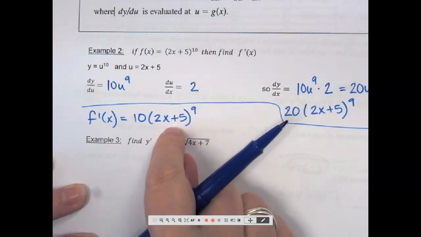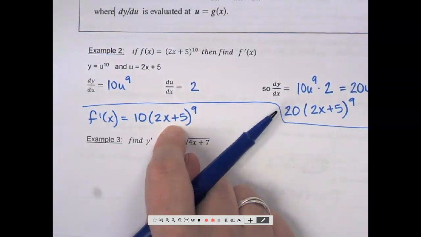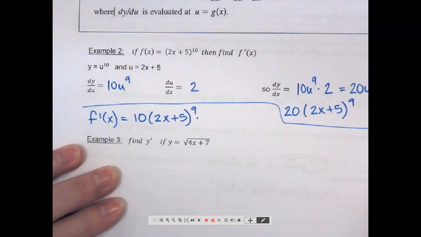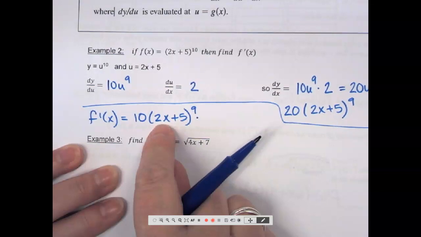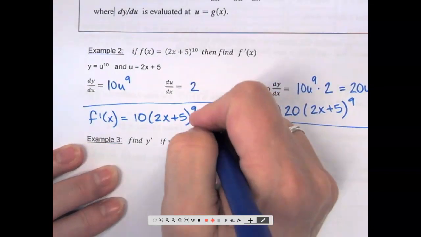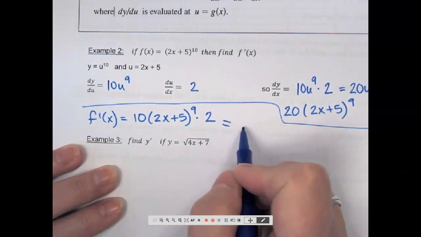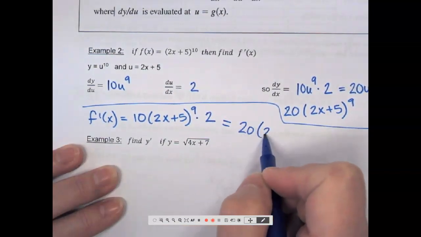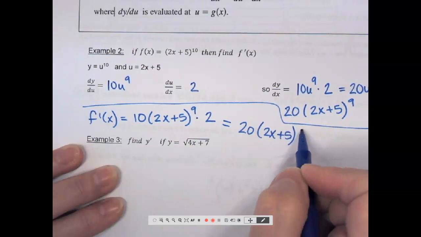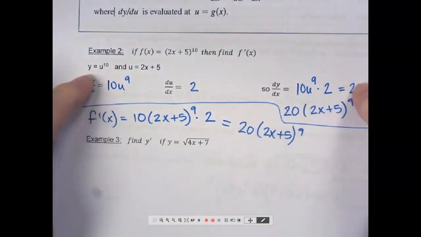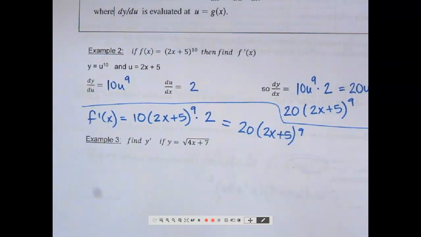Notice I did not change this. I'm only dealing with the power of 10 right now. Bring the 10 down, subtract 1 from the exponent. Now, tack on with multiplication the derivative of what's inside, which is 2. And I will get the same thing. I usually approach it this way, but if you like breaking it down with the u, then that's just another option.